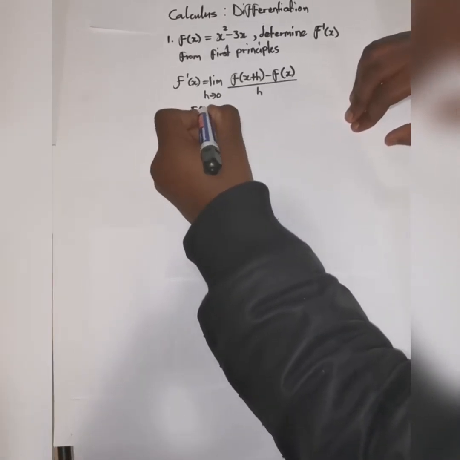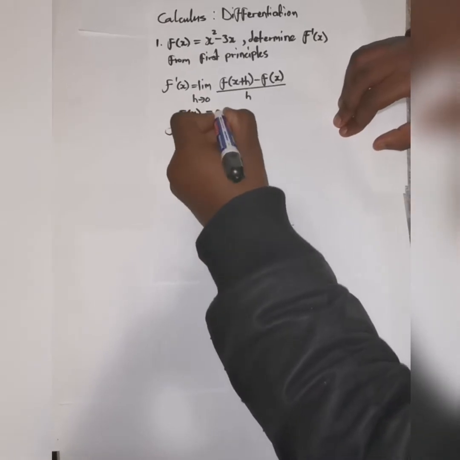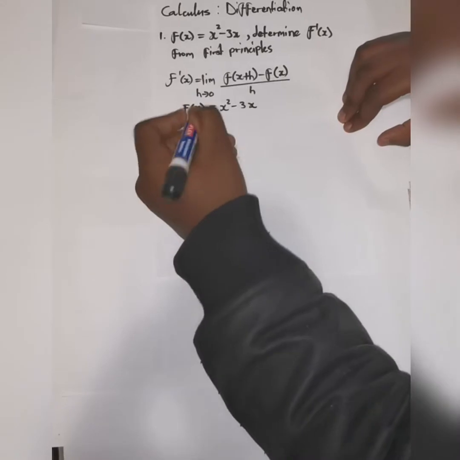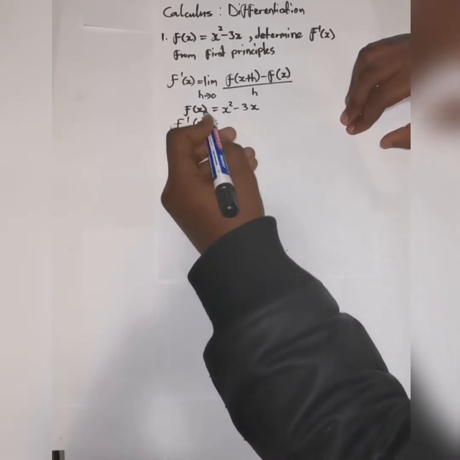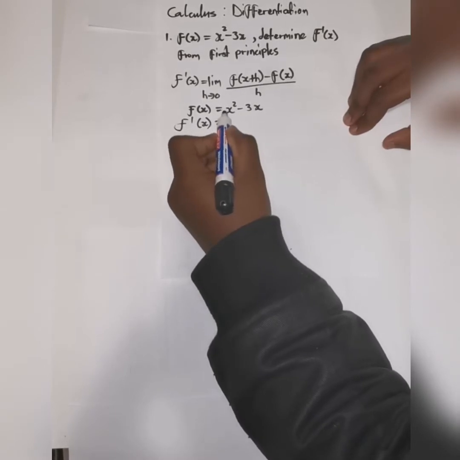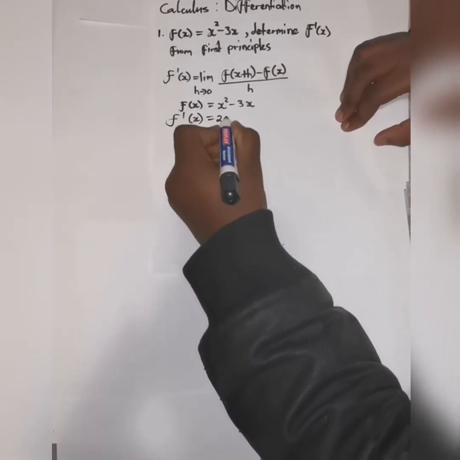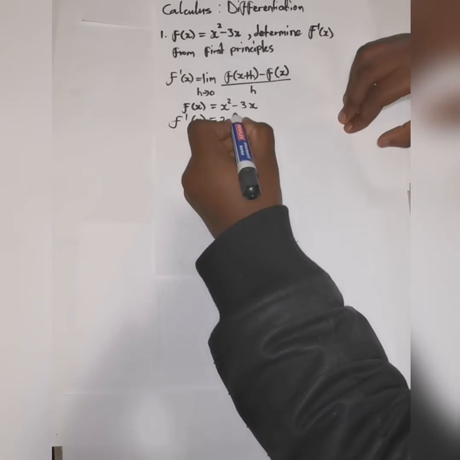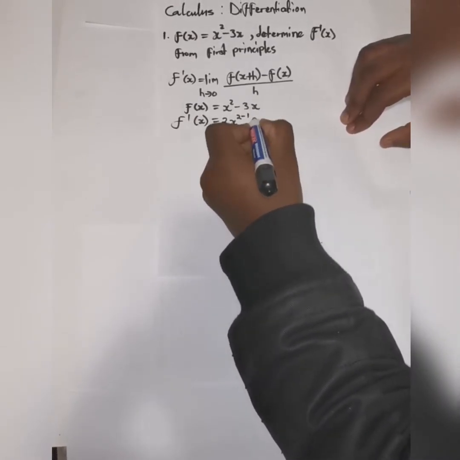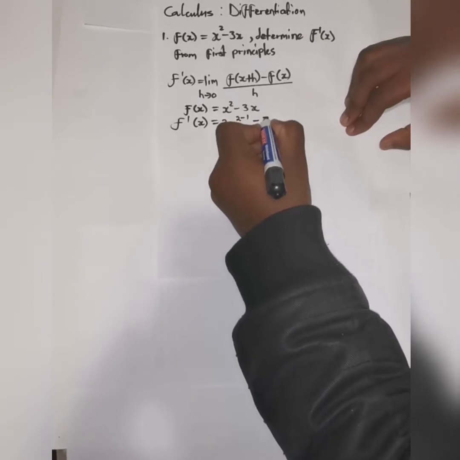Let me first write down the function here. By other means of differentiation, you know that we take down the power to the base, so it's going to be 2x, and then we go to the power and we subtract 1, and then we do the same on this side.